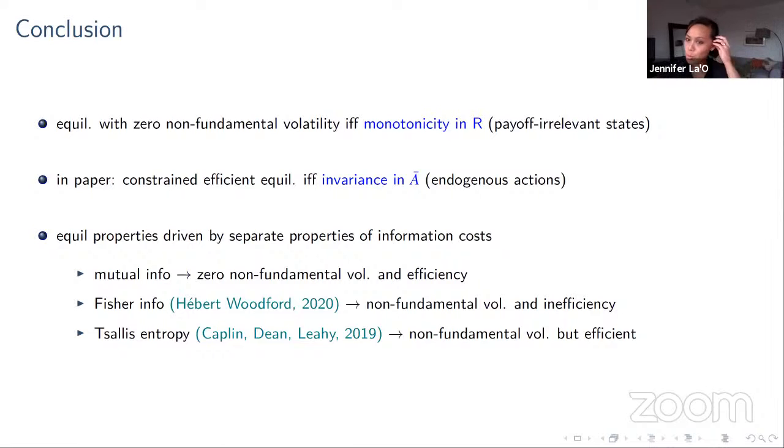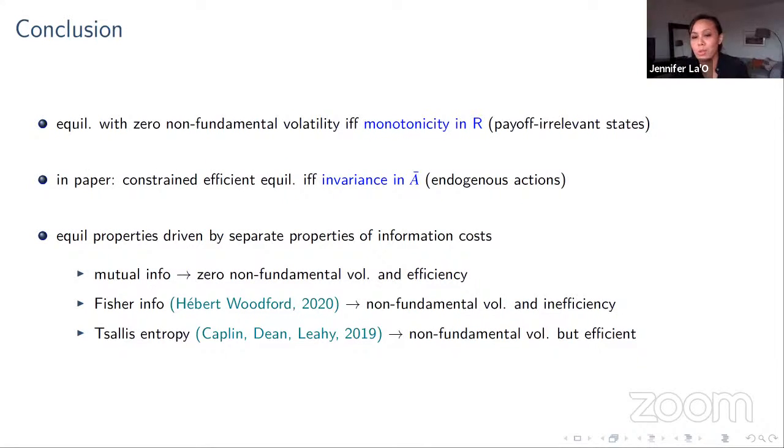I guess so. One point of our paper is that just because there are public signals out there like R, and those create non-fundamental volatility in equilibrium, it's not necessarily inefficient.